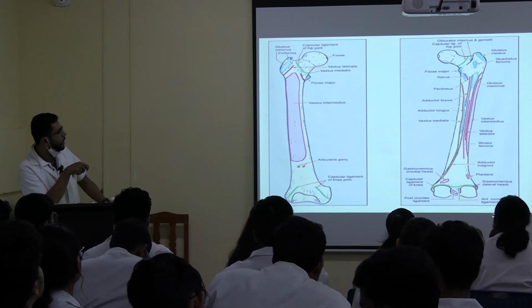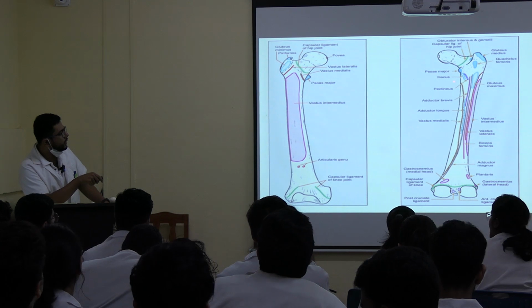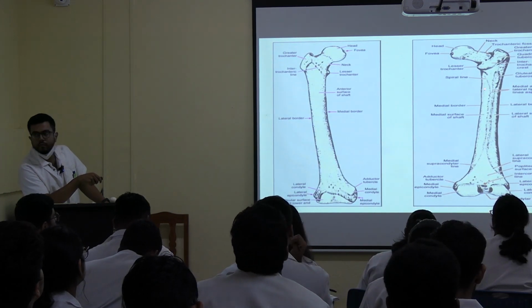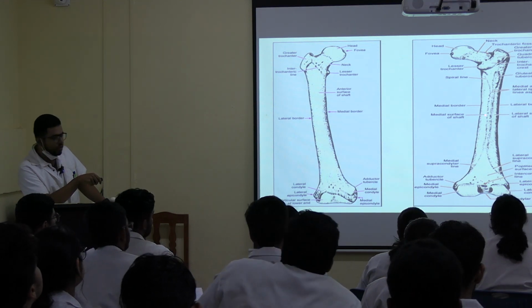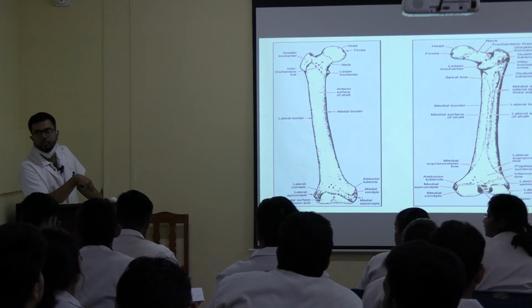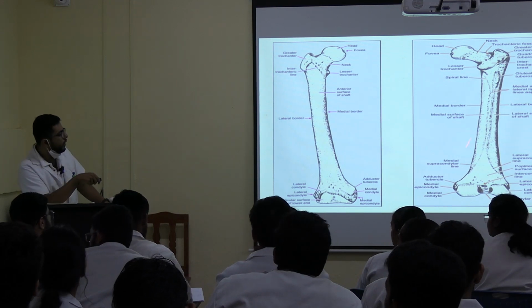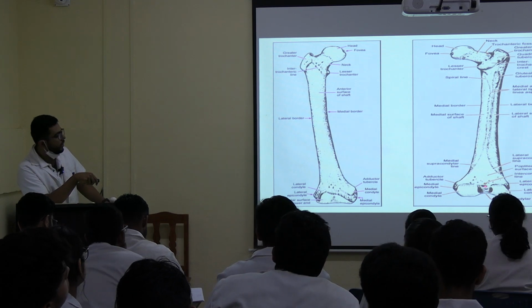If this is the upper end, this is the lower end, okay? Then what is this line? Then if it comes down, this is which lip? Medial lip. Then what is this line? And this one?